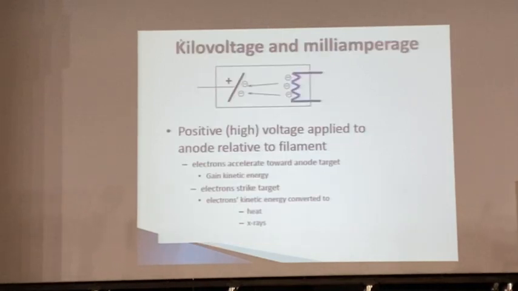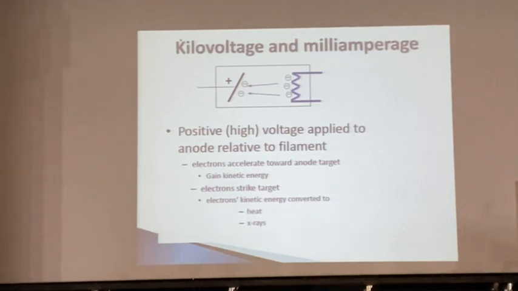Is that clear? So the electron cloud is created by applying the filament voltage, which is low, about 10 volt. Then these electrons should be accelerated toward the anode.